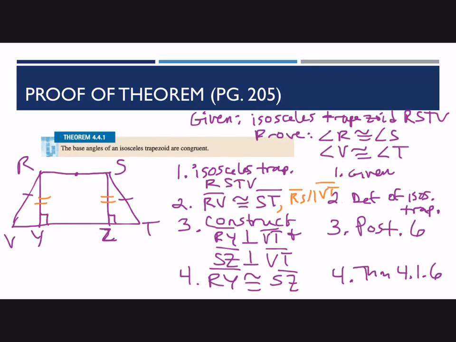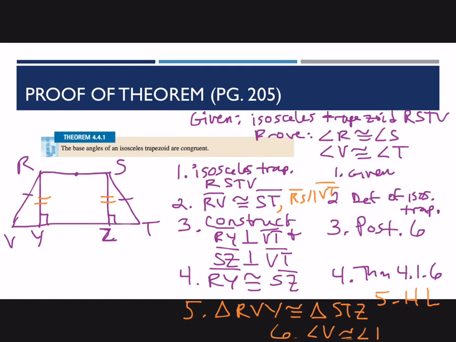So the next thing is triangle RVY is congruent to triangle STZ. And that's hypotenuse leg. Okay, and then that would lead us to angles V and T being congruent. Okay, and that's CPCTC. Corresponding parts of congruent triangles are congruent.